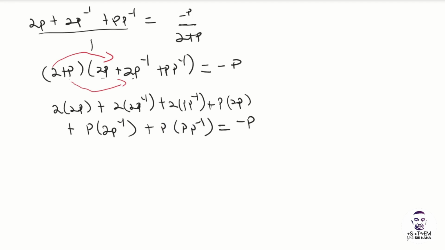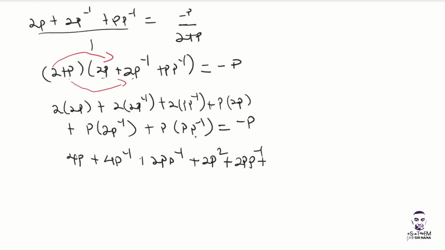So let's expand this. So 2 multiplied by 2 will give us 4P. 2 multiplied by 2 here will give us 4P inverse. Then 2 multiplied by P will give us 2P inverse. Then P multiplied by 2P will give us 2P squared, right? Then you have P multiplied by 2P inverse will give us 2P inverse.